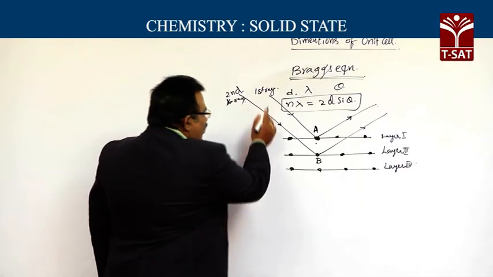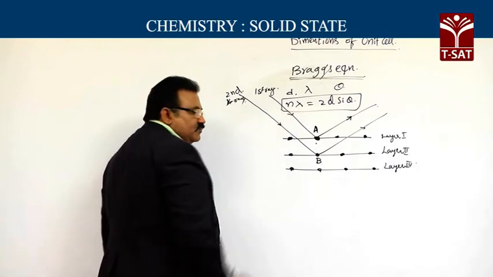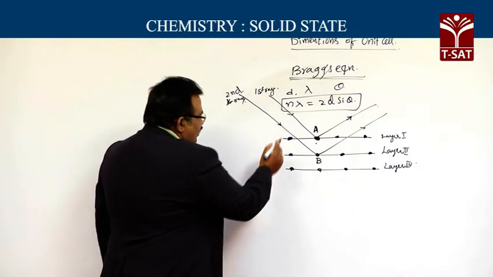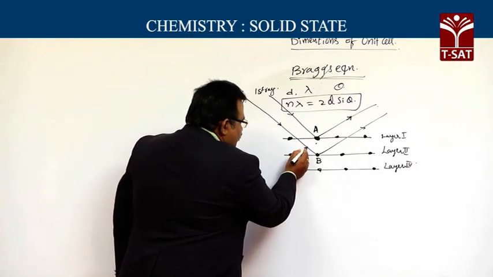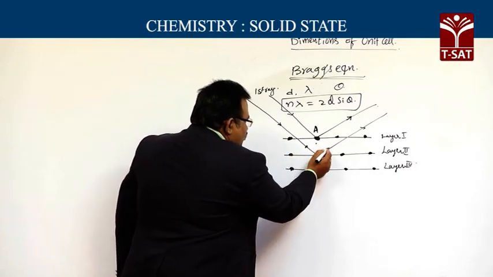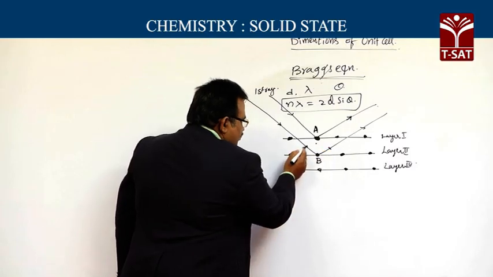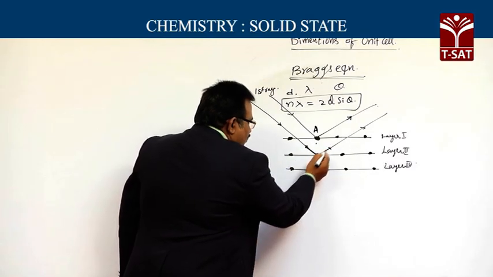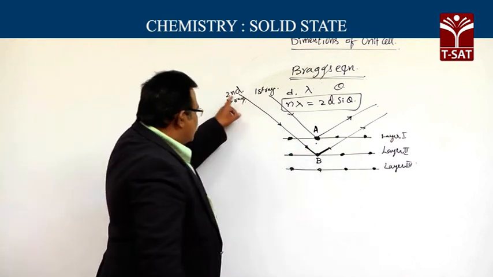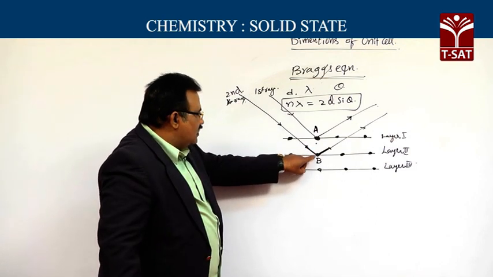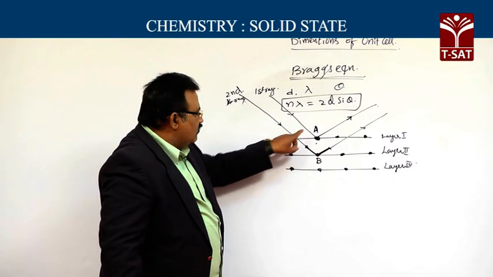If you observe the paths of X-rays 1 and 2, the second X-ray has travelled more distance in the crystal, from here to here, here to here. So, the second X-ray has travelled more distance when compared with the first X-ray.